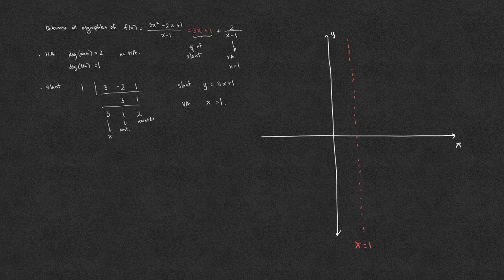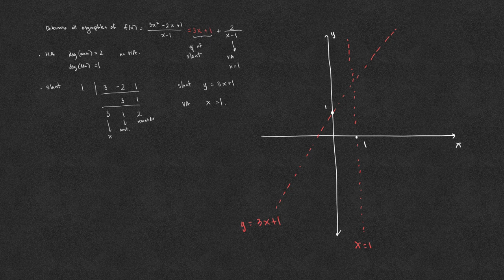The slant asymptote is 3x plus 1, so it is the line that goes through y equals 1. This is y equals 3x plus 1. The vertical asymptote is x equals 1, the slant asymptote 3x plus 1.